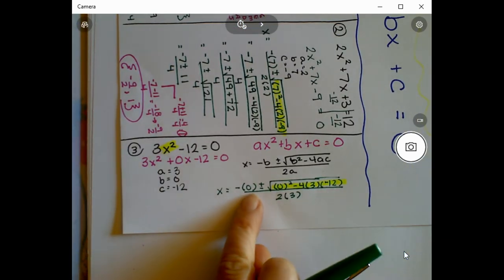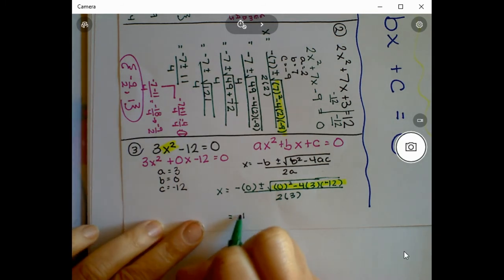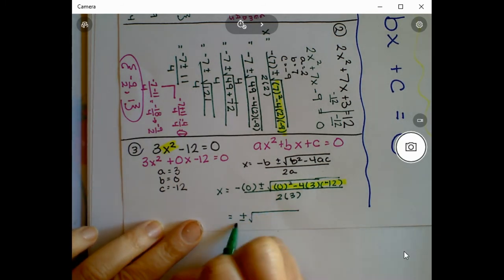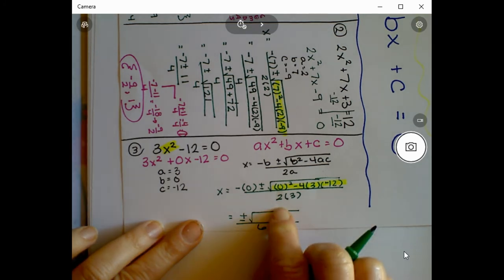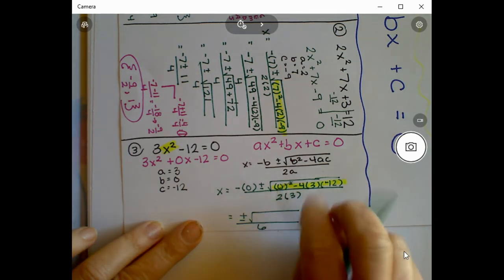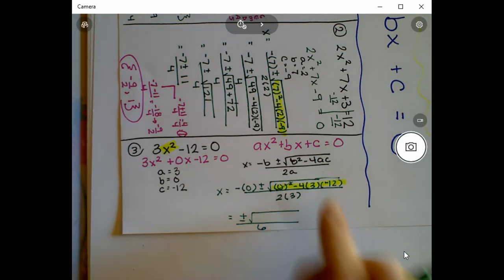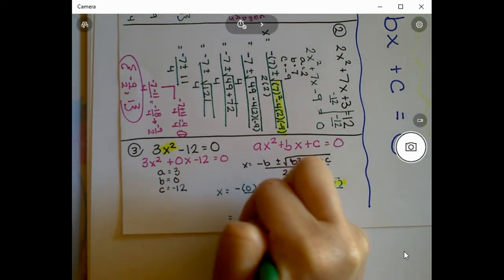Negative 0 is nothing. So we really have plus or minus the square root of something over 6, because 2 times 3 is 6. Again, exponents first. 0 squared is 0, so that's gone. And then we can just do this part. Negative 4 times 3 is negative 12. Negative 12 times negative 12 is positive 144.